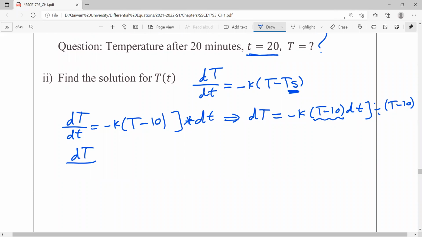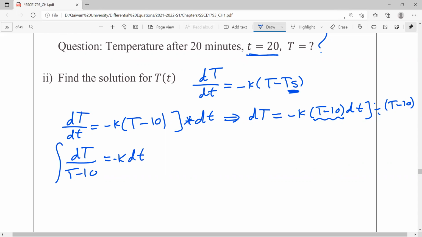Now, this is a separable differential equation. We can separate the variables. We first multiply both sides by dt, and we get dT equals minus k (T minus 10) dt. Okay, and now we must write capital T terms with dT, and little t terms with dt, and we get dT divided by (T minus 10) equals minus k dt.